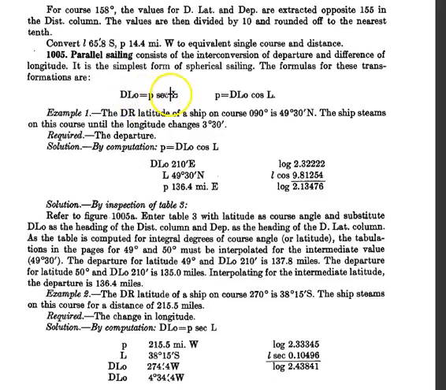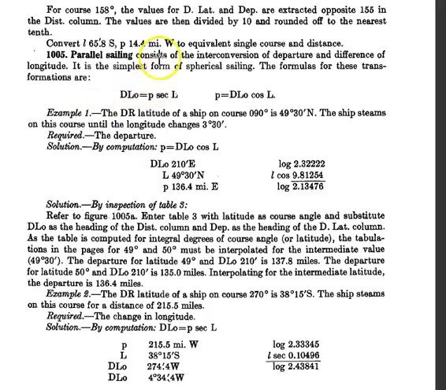D low equals P secant L. Well, look, D low, P, L. They're really the same formula, just this one solved for D low, this one solved for P. You can see this one's got secant in it. That's 1 over cosine. If you don't remember what that is, just go to the glossary in the back of Bowditch 2 and look up the word secant. And several lines down in the definition, you'll see the 1 over cosine.